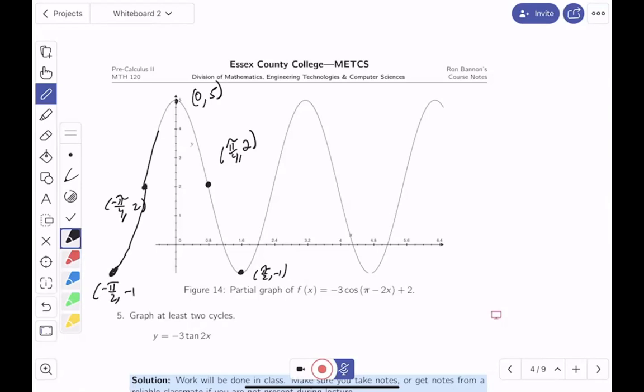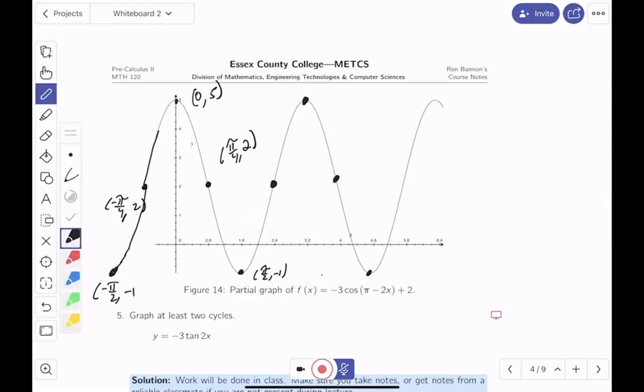What points you're going to, the points that I'm seeing in the picture. I see this. I don't have it labeled yet. I see this. I see this. And I see this. Here comes where counting comes in, really important. And I want to point out really counting by pi over 4. So, that's beginning. I just want to point out what I'm doing. Minus 2 pi over 4, minus 1 pi over 4, 0 pi over 4, 1 pi over 4, 2 pi over 4, 3 pi over 4.